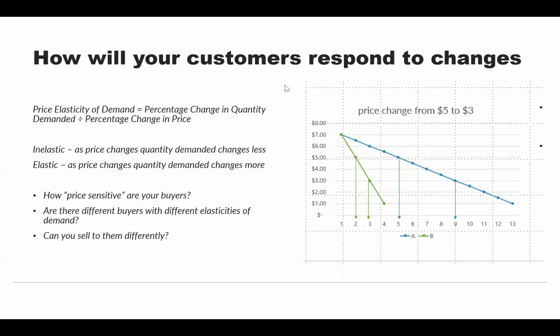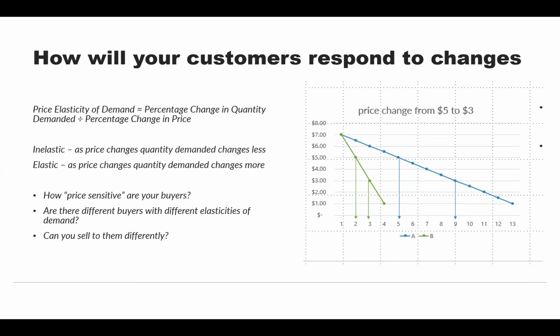And so one of the things you have to think about when you're dropping prices, or changing prices, is how will your customers respond to changes? We have what we call price elasticity of demand, and that is the percentage change in quantity demanded divided by the percentage change in price.